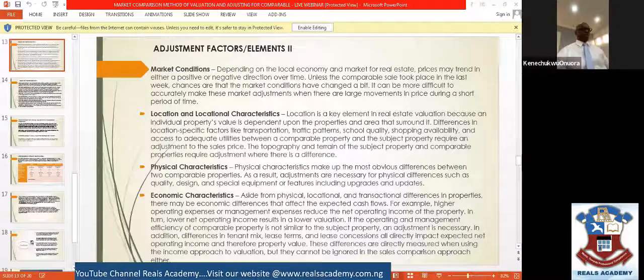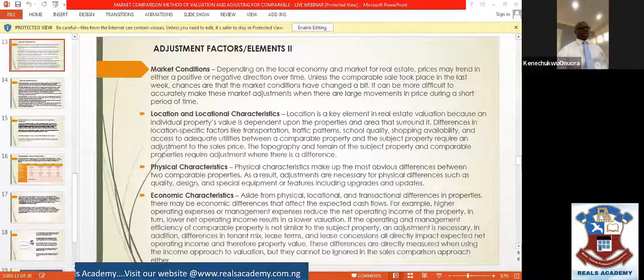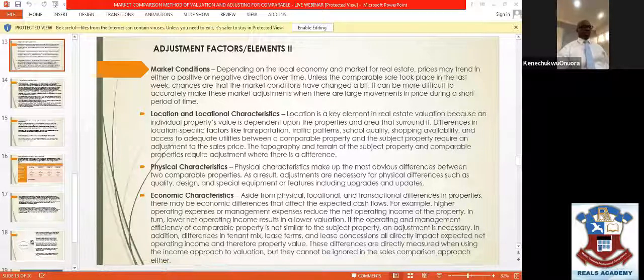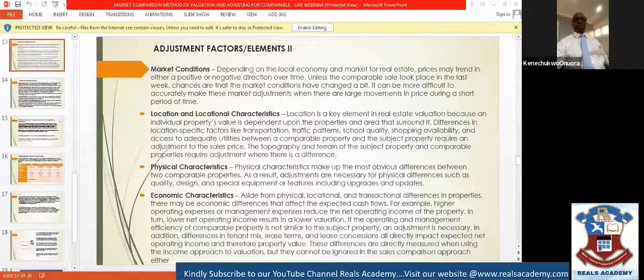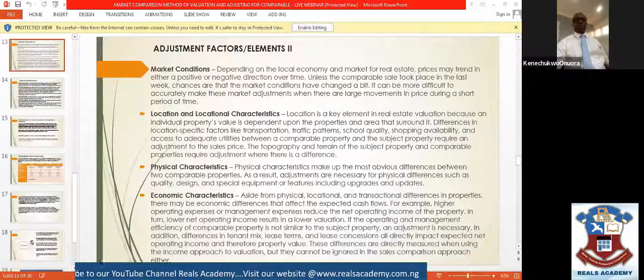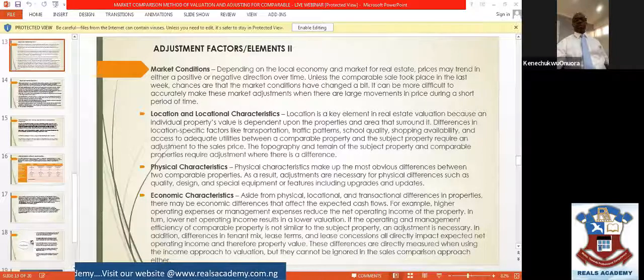Okay, yeah, so market conditions, I talked about it. Then another adjustment element is the location. So wherever the location, I was giving instance with somewhere in Abuja, where a whole crescent, actually Panama Crescent is the name of the crescent.